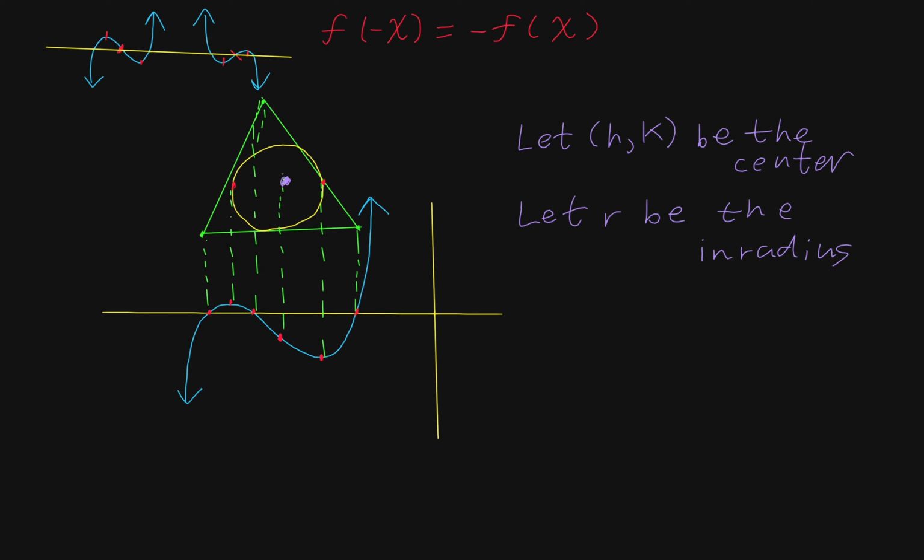So I think what would be useful is an outer circle like this. And the radius of this, because it's an equilateral triangle, is going to be 2 times the inradius, okay? And this outer radius of an outer circle is called the circumradius. So we're going to let 2r be the circumradius.